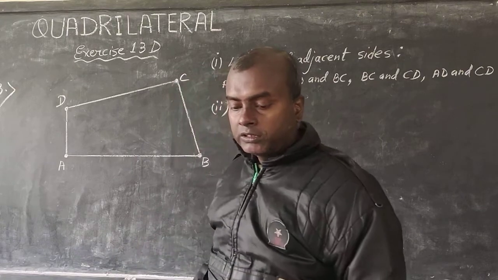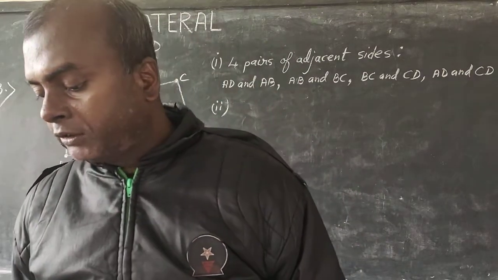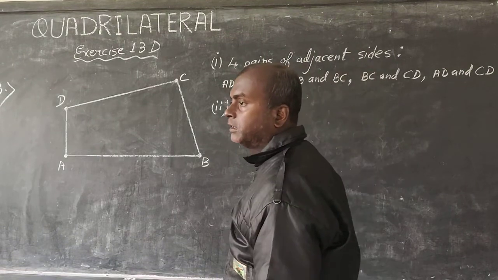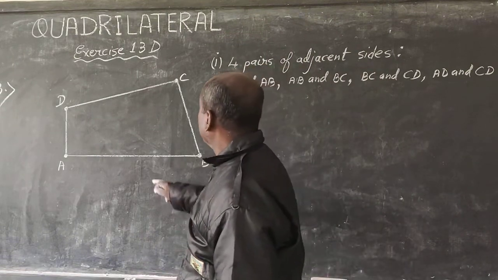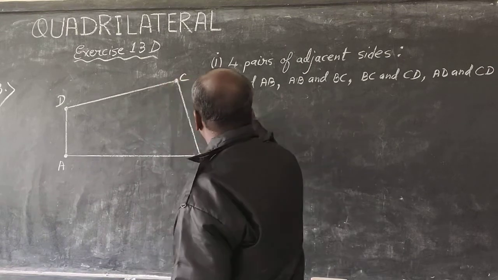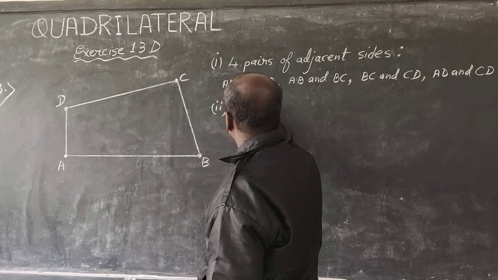Next question, what does it say? How many pairs of opposite sides? Okay, we know opposite sides are which sides? Which are not adjacent. So we have these two opposite sides AB and CD. So we have in total two pairs.